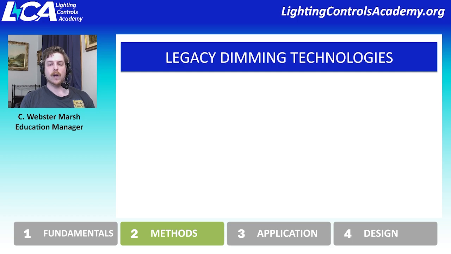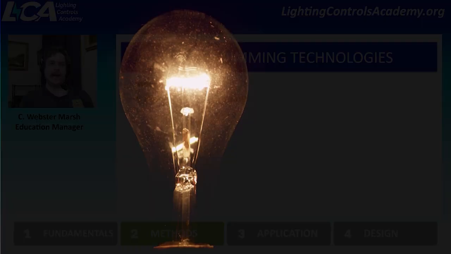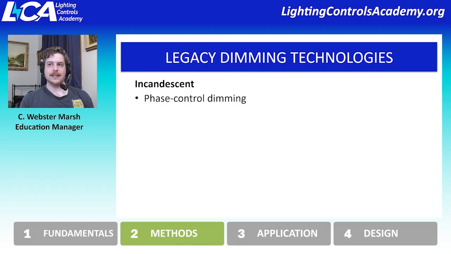LEDs have really won the competition, and so they are the choice of lighting control systems nowadays. But just to kind of address the elephant in the room, the very first type is incandescent, and that's where we found phase control dimming to be the most effective, and why we still have phase control dimming, because LEDs have found a way to be compatible with phase control dimming.